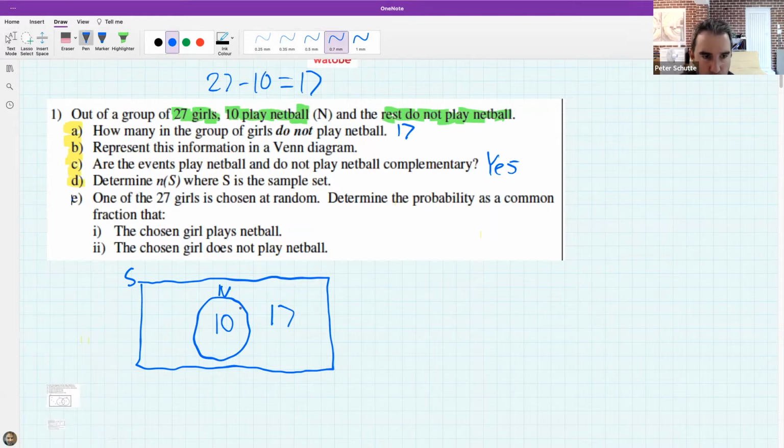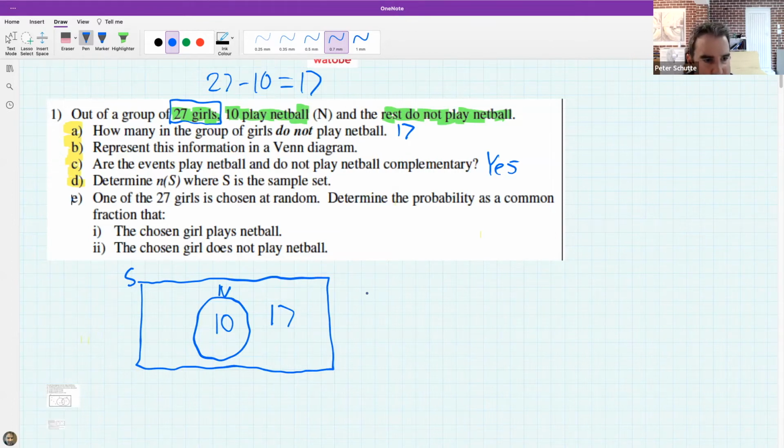So if you play netball, you can't also not play netball. Does that make sense, Lusanda? Yes. And then the other thing is, in total in this group, there's 27 girls. The people who don't play and the people who do together add up to 27. So they fill the whole sample space. Okay, thank you, sir.